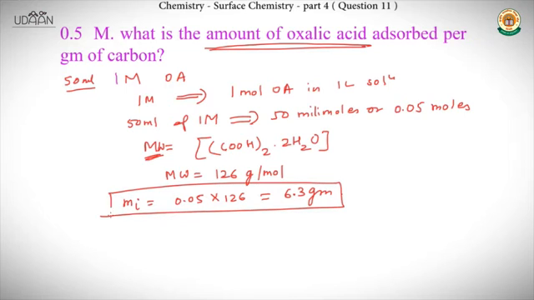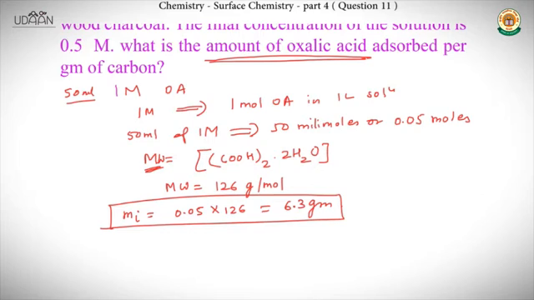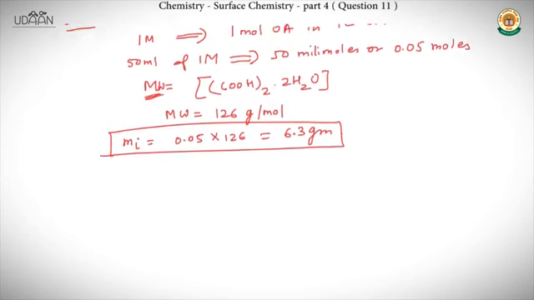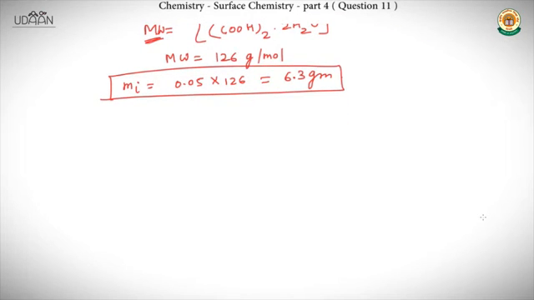Now I need to find out the amount of oxalic acid adsorbed per gram of carbon. And I know the weight of carbon also. It is 0.5 gram wood charcoal. So I just need to find out the difference in the mass of oxalic acid finally and initially.